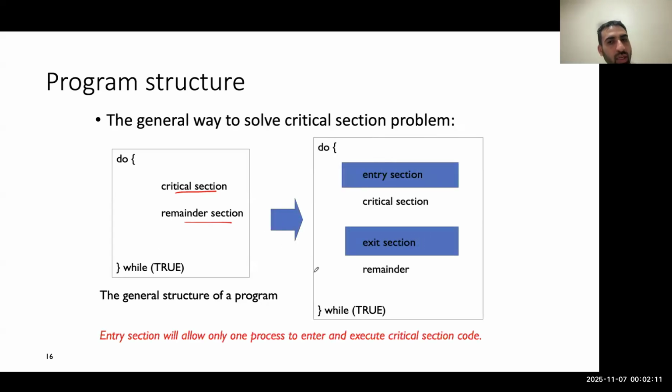So you replace it with a new version where you have an entry section before the critical section and an exit section after the critical section, right? The job of the entry section is to control that only one process is able to enter the critical section. The entry section implements the restriction that only one process can enter this critical section at any given time.